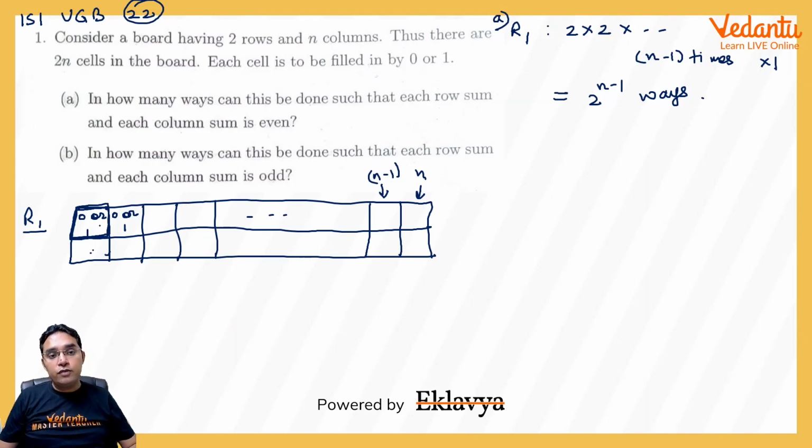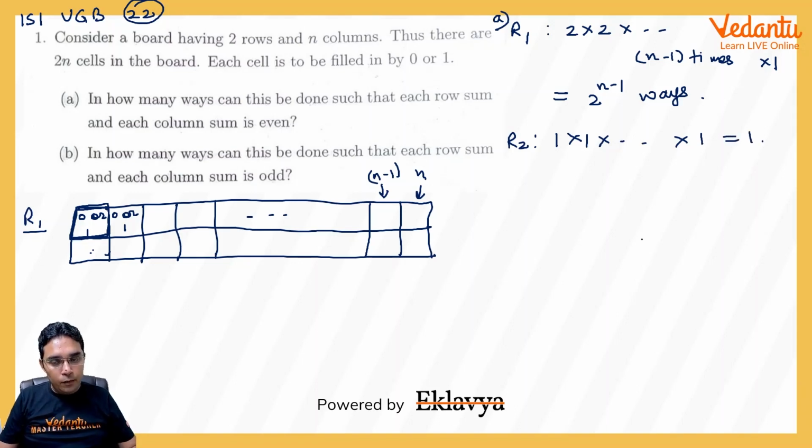If it was 1, it will take 1 only. You do not have any choice. So in R2 my first cell will be filled in one way, and all the cells will be filled in one way only, so it will be 1. So the total would be 2 power n minus 1.